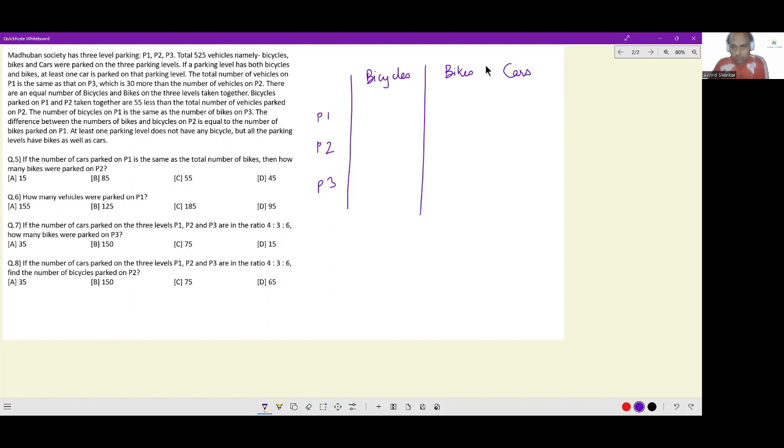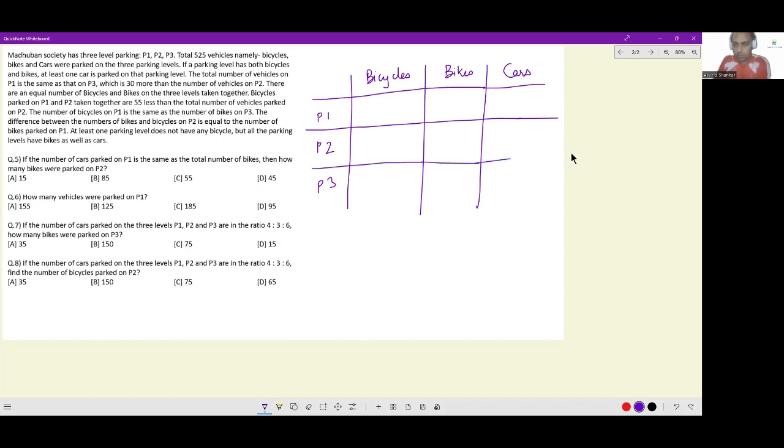So a 3x3 matrix of this nature will get created. I should also make total possibility. I know total is 525. So we have this.